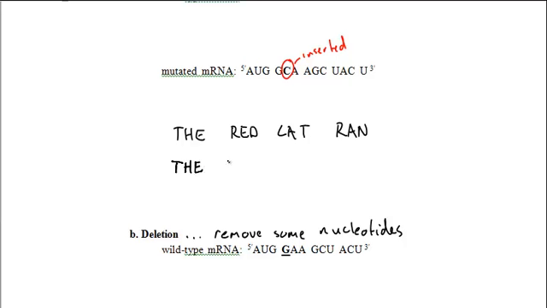If you inserted the N, you would shift the entire reading frame, and everything downstream of where we put the insertion wouldn't make sense anymore.